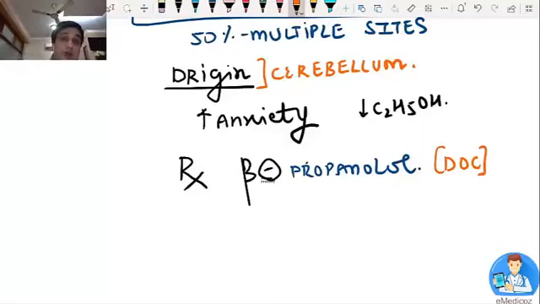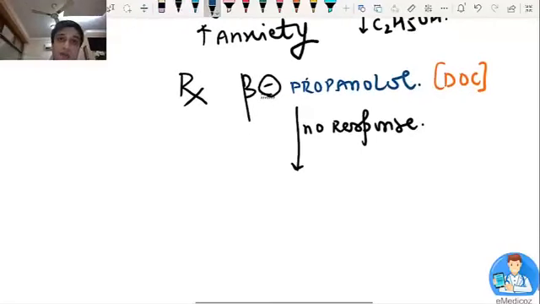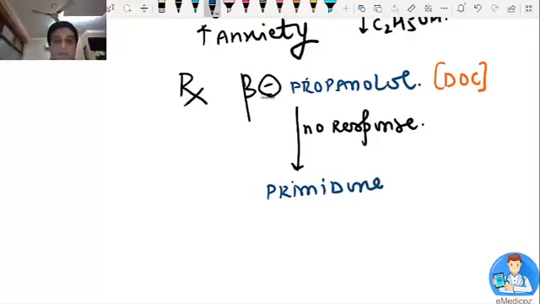But if the propranolol is not working, that means the patient on propranolol therapy has got no response, then we go with another old anti-epileptic agent. This name is primidone. Okay.